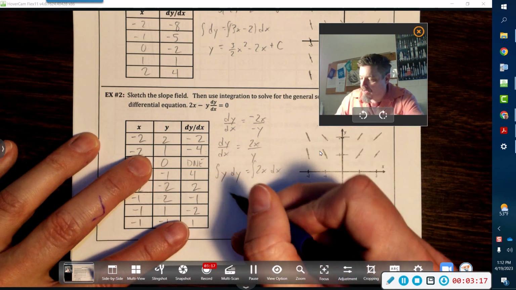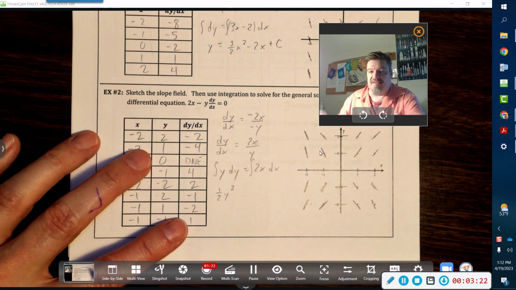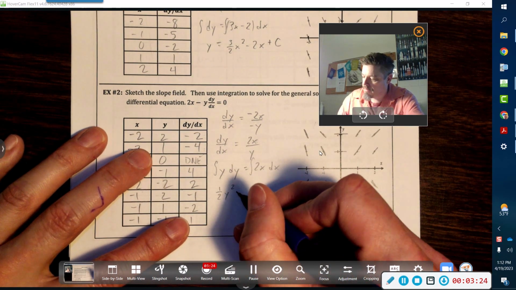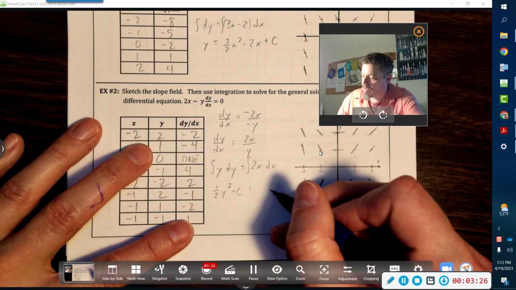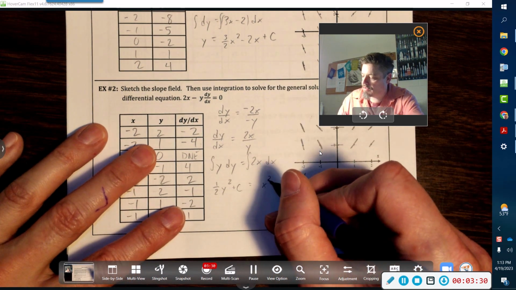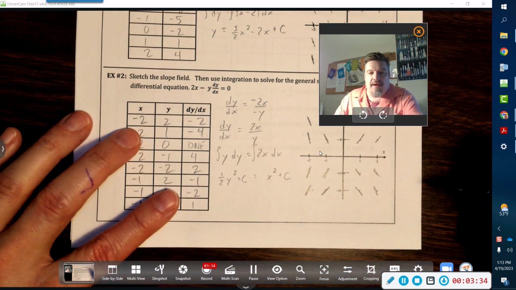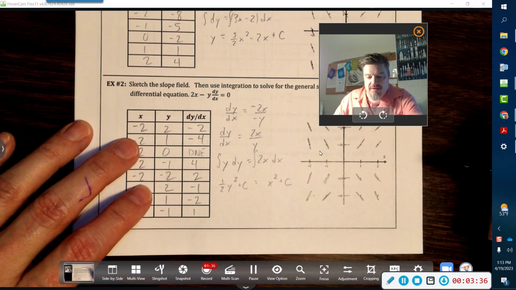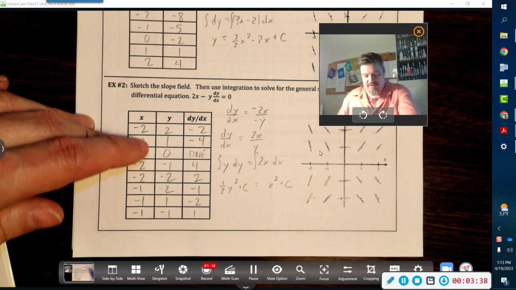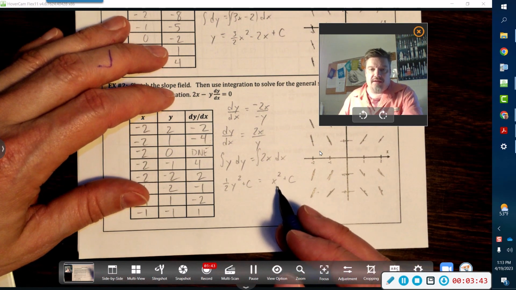So this one becomes 1/2 y squared plus c, and this one becomes x squared plus c.